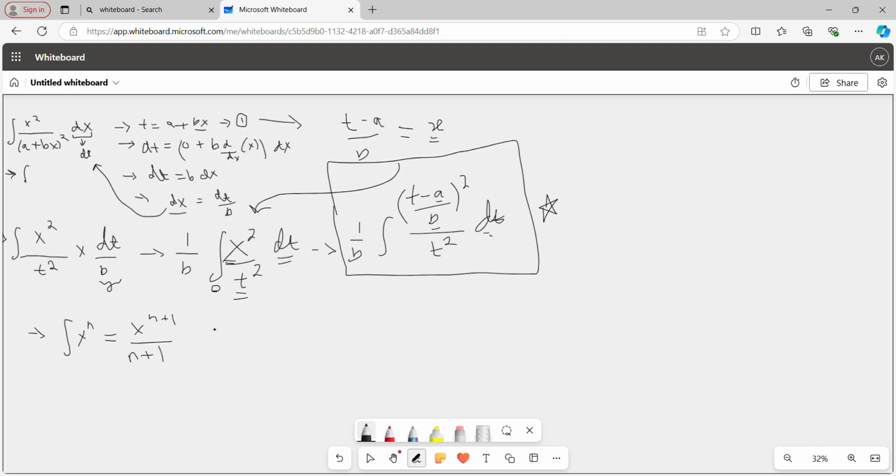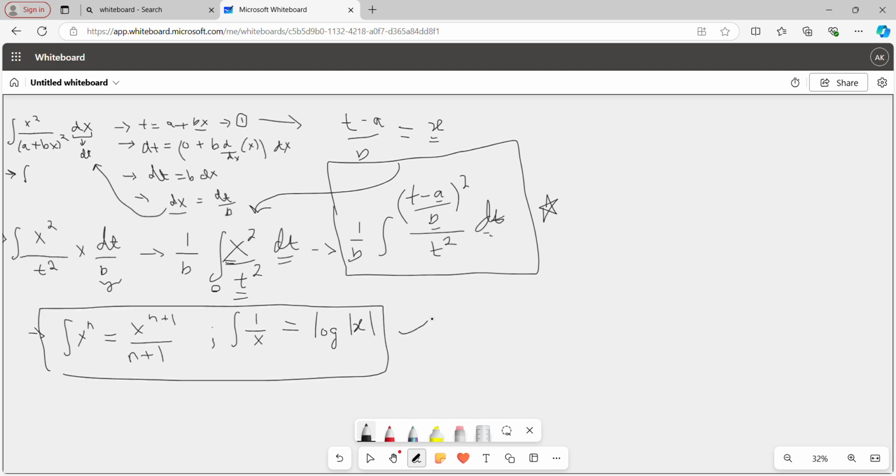And there's another quite simple integral: integral of 1 by x is equal to log of modulus x. So using these two formulas, try integrating the above expression that we've just obtained. I'm giving you a minute.